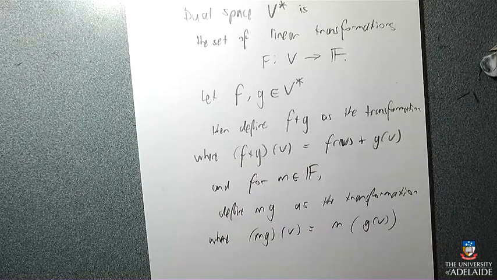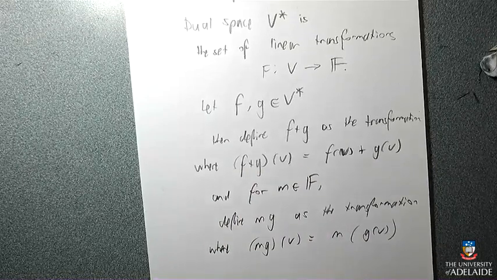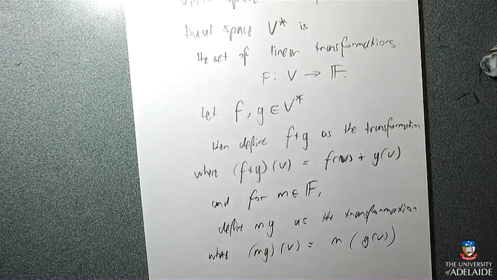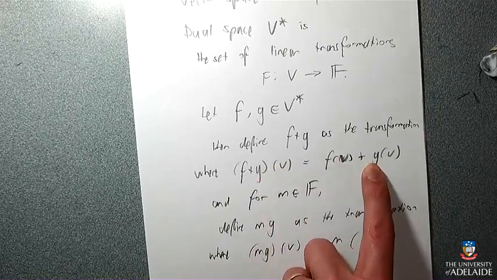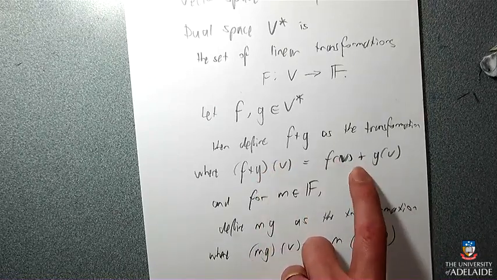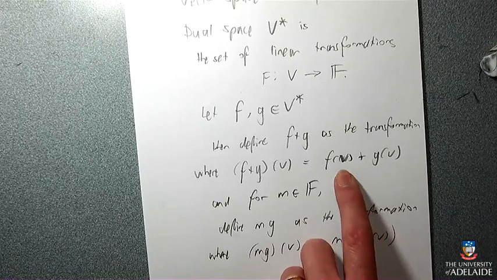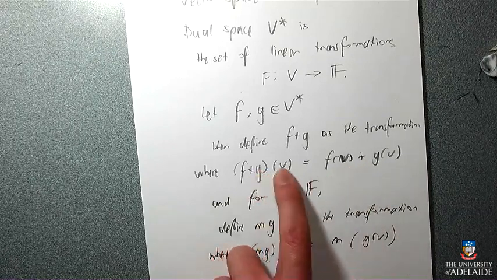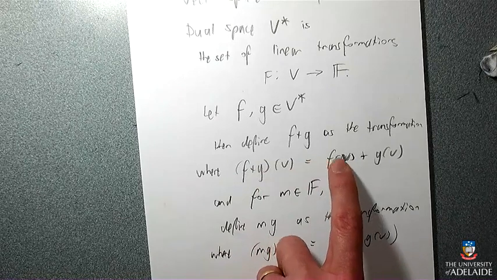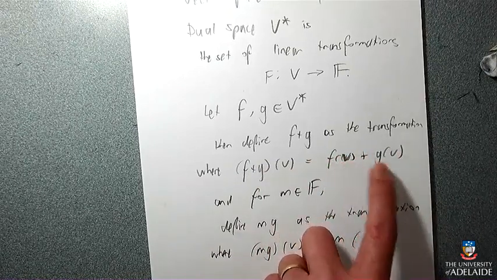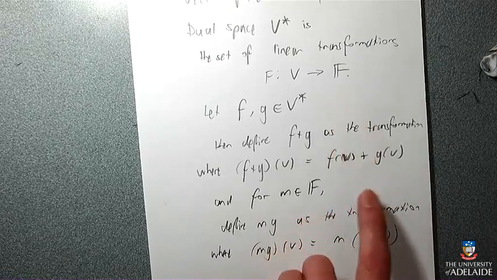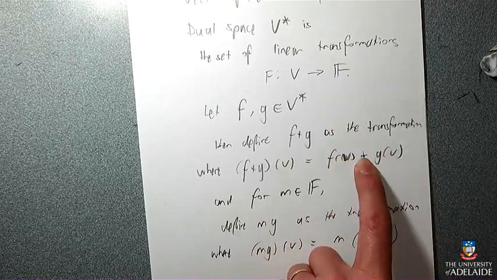I feel like we had to do this because it's not a vector space unless we define what addition and scalar multiplication are. So I'm pretty sure that this still is a linear transformation. This one here. It's still a function that takes vectors. It's certainly a function, where I do f of v and g of v and add them together, still takes vectors in v and produces answers in the field, because that's in the field and that's in the field, and when I add it, it's still in the field.